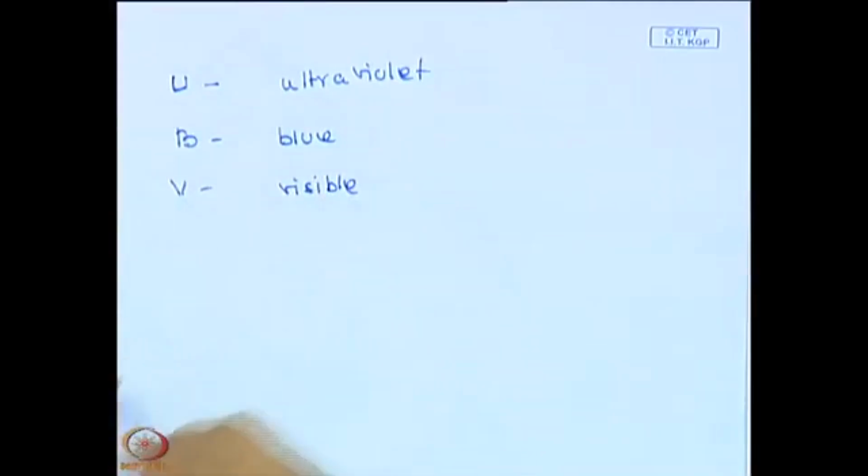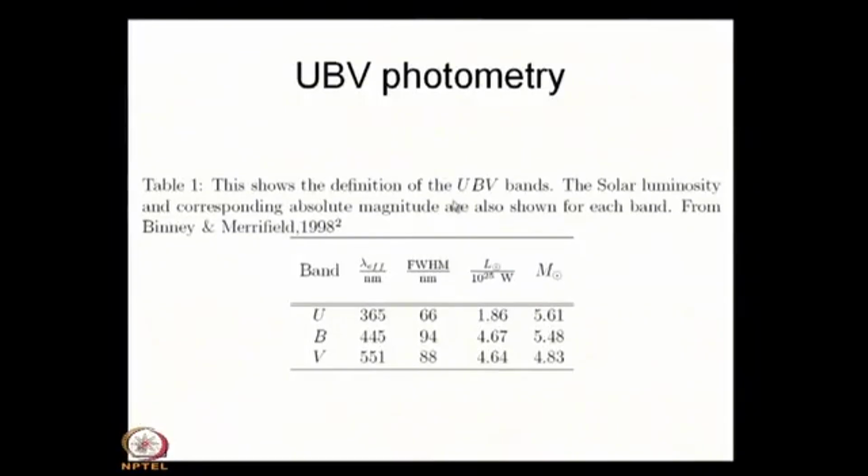So this is a very standard photometric band system, okay, which are referred to as the UBV bands. And this table here shows you the effective wavelength corresponding to each of these bands.